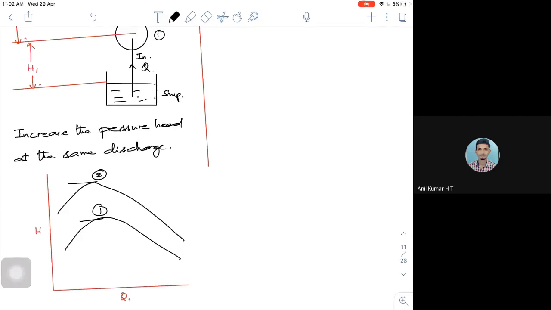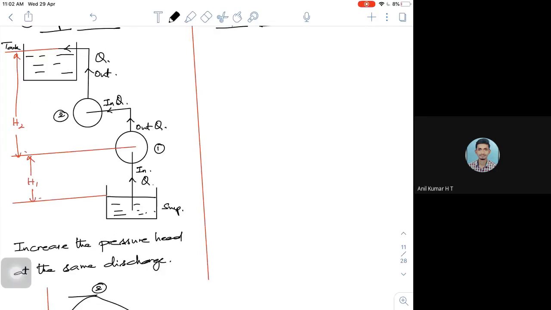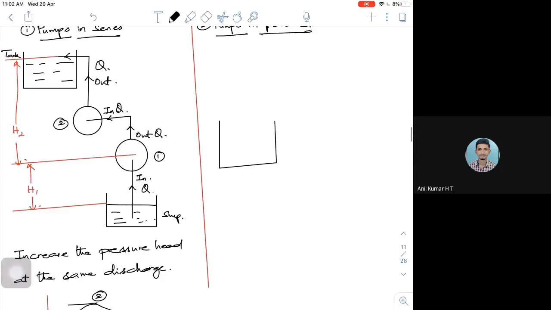What about pumps in parallel? I will be having a common reservoir, that is your sump, and I will be having an overhead tank something like this. This may be a bigger tank, so I don't have space, that's why.